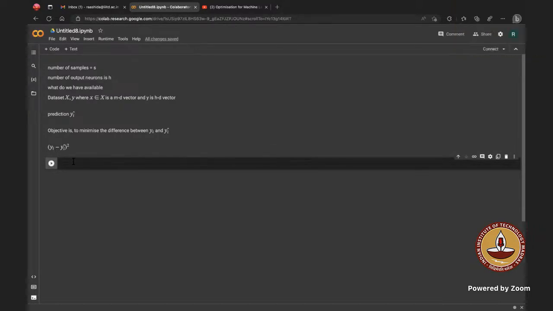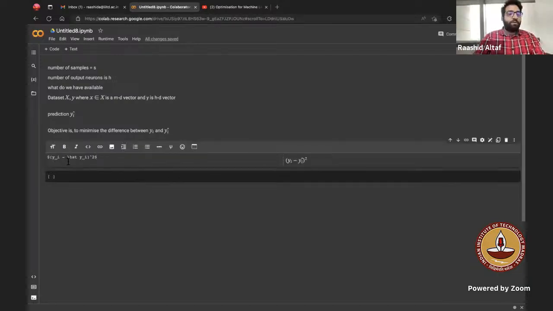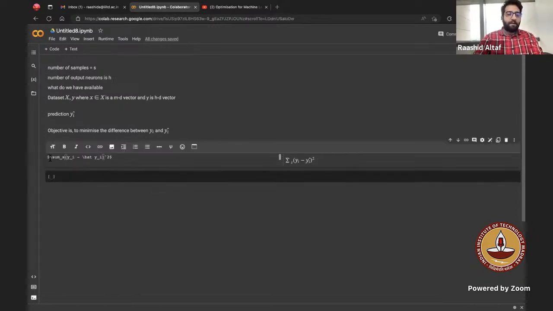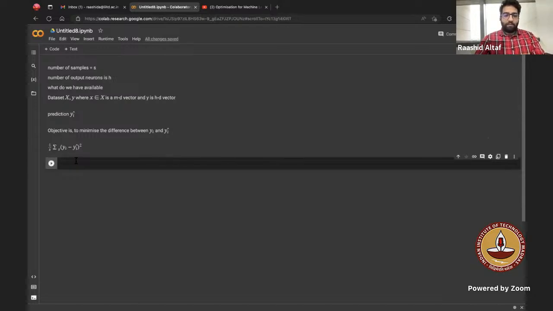So if you have S samples, you take the sum over S and then you divide it by S. So this is your mean square error.